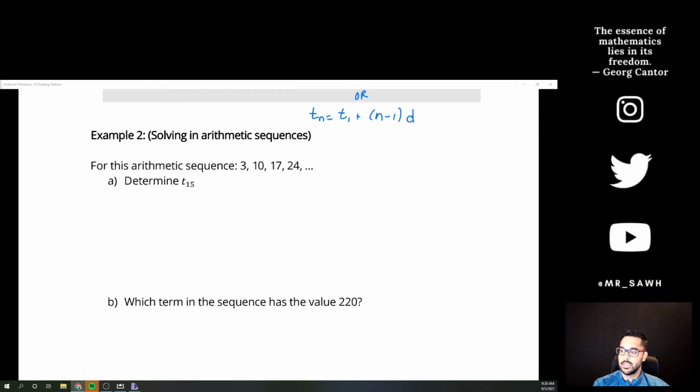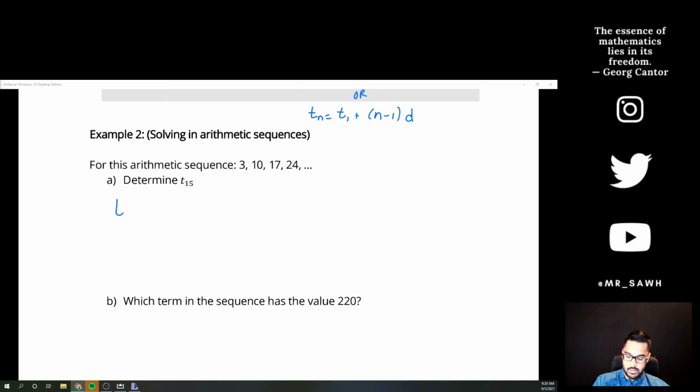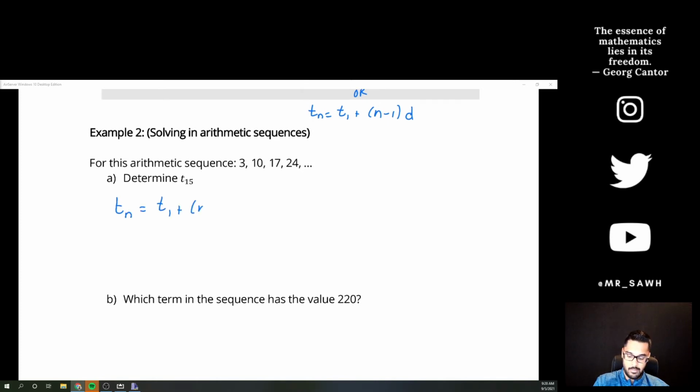So let's determine this, and you'll write down our formula first. So Tn equals T1 plus n minus 1 common differences. So we need to know a couple things here. I'm looking for T15. For any of you that have taken physics, it's helpful to list things out on the side that you know. So T15 is what I want. I know the first term here is 3, and I can calculate that common difference pretty easily.